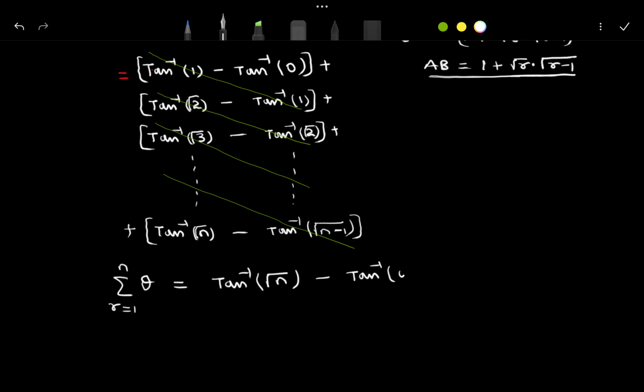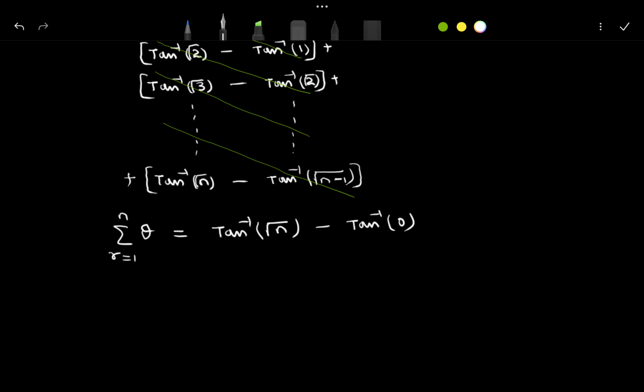You know tan inverse of 0 is equal to 0. So this value will be tan inverse of root n minus 0, that is equal to tan inverse of root n.